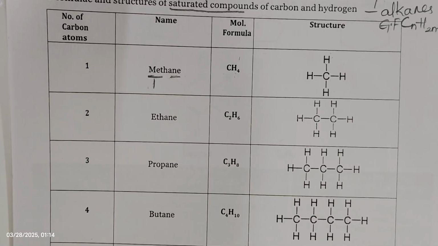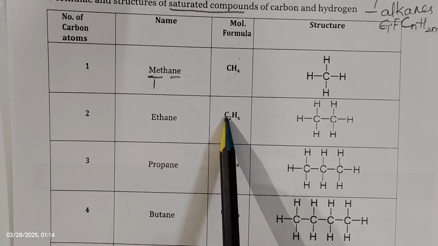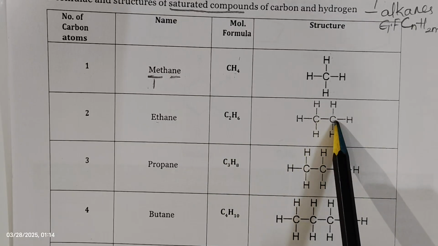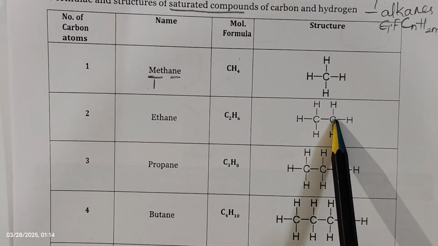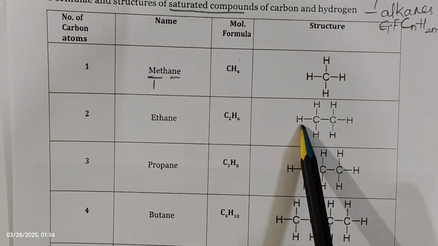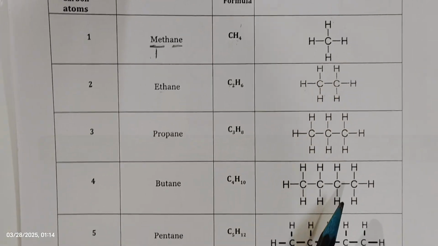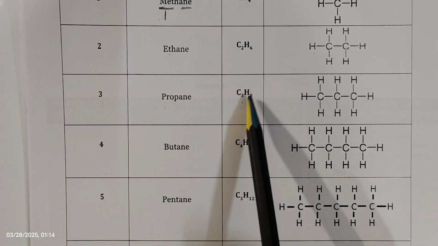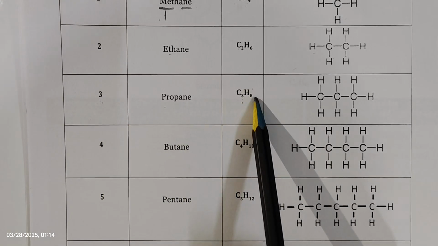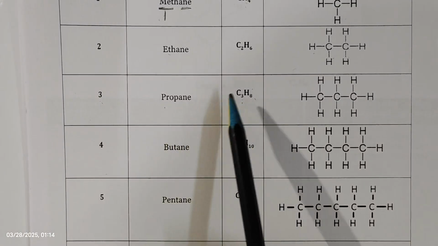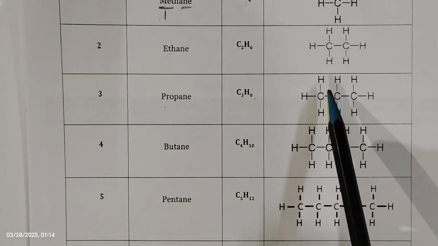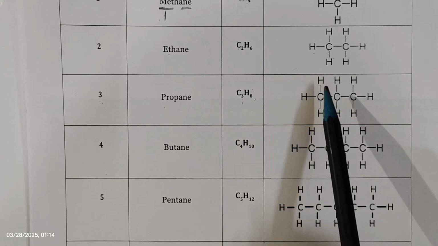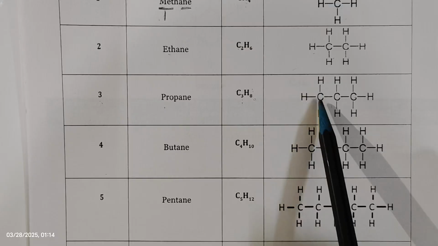Next, ethane, 2 carbon atoms with 6 hydrogens. See here, 1, 2, single bond. So 2 carbon atoms attached with a single bond followed by 6 hydrogens. Next, propane, number of carbon atoms is 3, C3H8. Propane, C3H8, 3 carbon atoms with single bonds connected to one another and followed with 8 hydrogen atoms.